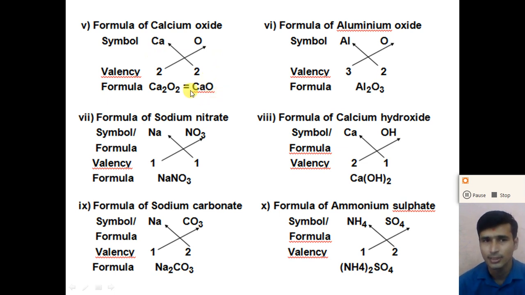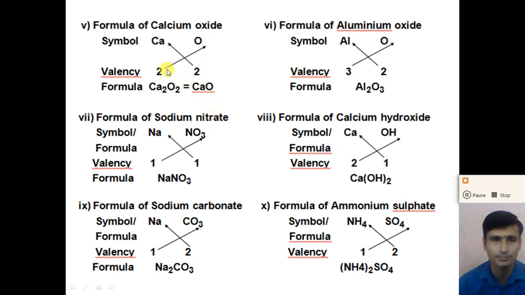The positive ion has valency 2 and the negative ion also has valency 2, so they cancel out each other. If the valency of the positive ion and negative ion are the same, we only write the chemical formula CaO, right?